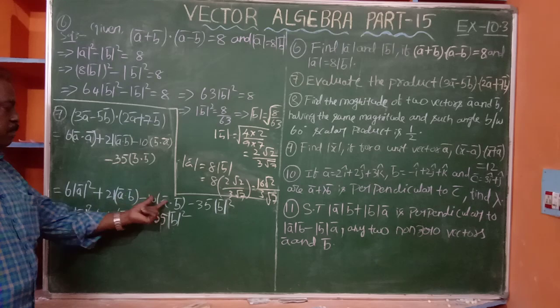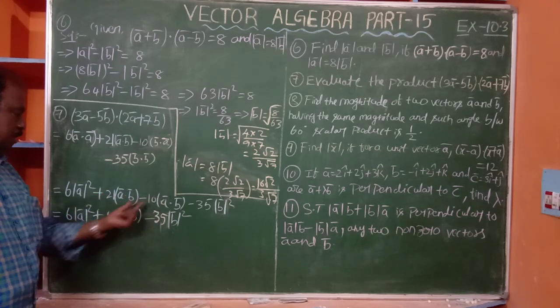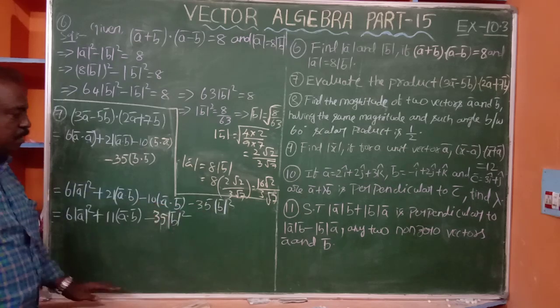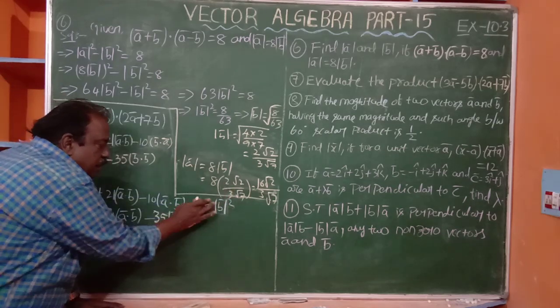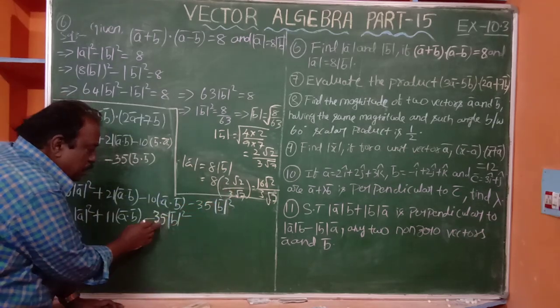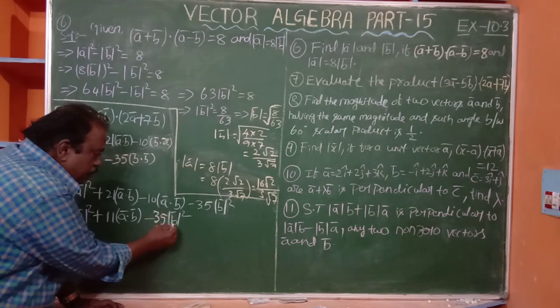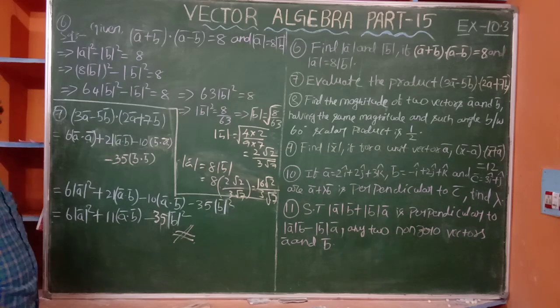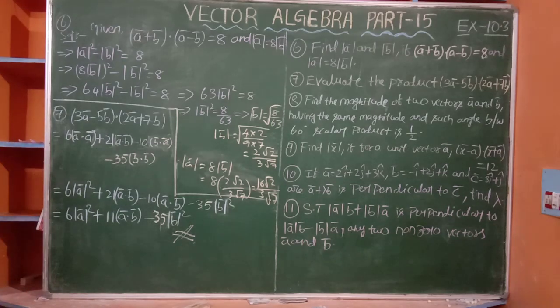Here A bar dot B bar are plus 21 minus 10 plus 11. And here it is minus 35, minus of B bar. That is the evaluation of the product.